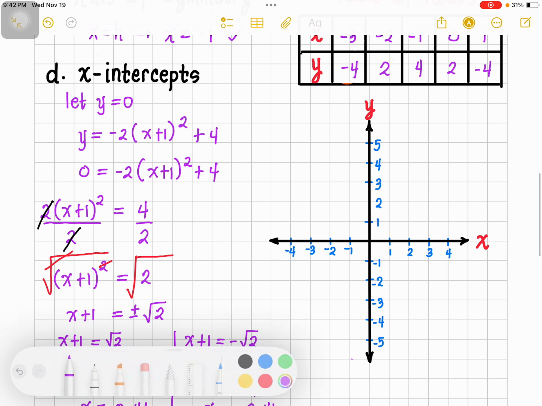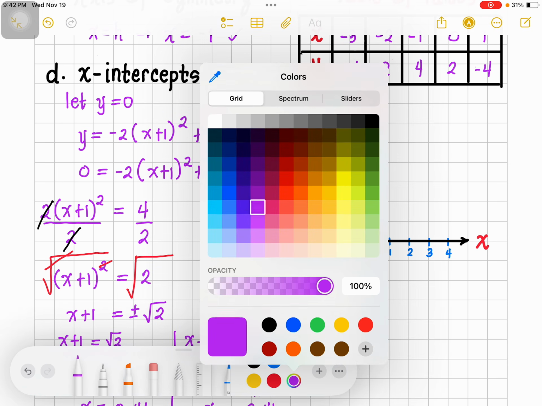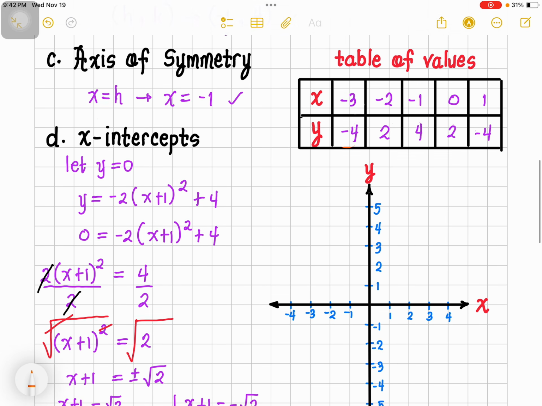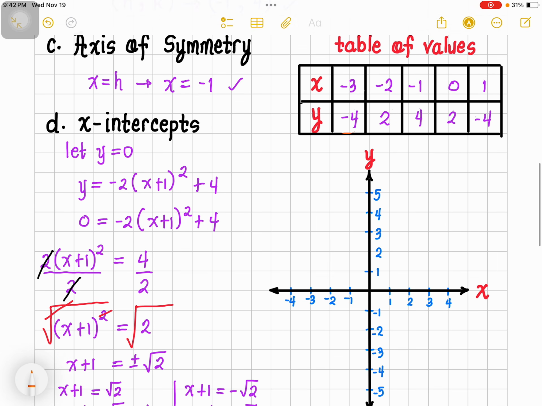So first, i-plot muna natin yung ating mga coordinates na yan, yung mga na-solve natin. So, yung ating vertex dito, which is negative 1, positive 4, that is along the quadrant 2, right? So, your x is negative 1, ito yung negative 1. Yung y mo is positive 4, tama? So, kunin natin yung intersection.